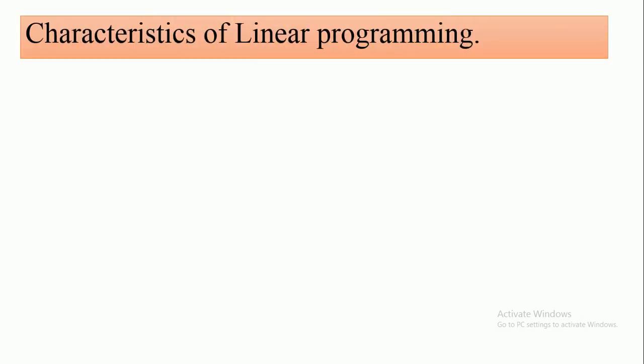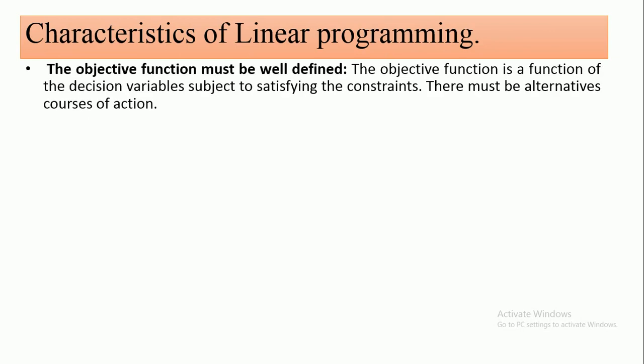Now we move. What are the characteristics of linear programming? The first is the objective function must be well defined. In the previous explanation, I explained what objective function is. Your objective function has to be well defined. It's either you are maximizing or you are minimizing.